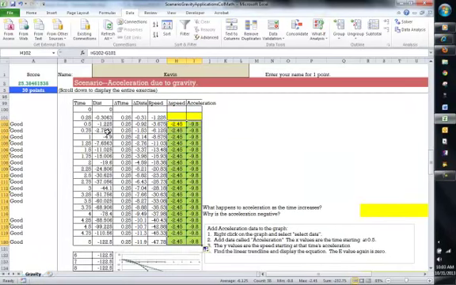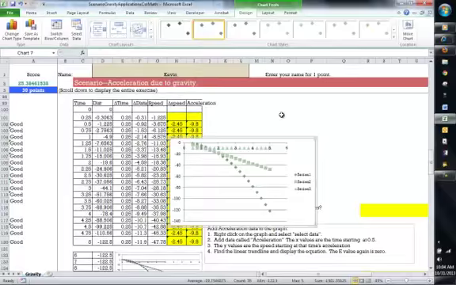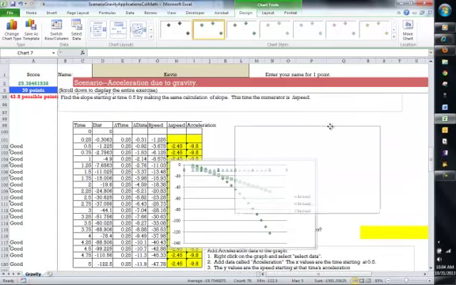Now we're going to select the time, distance, speed, and acceleration and put all of those on a scatter plot. Let's put it right up here.